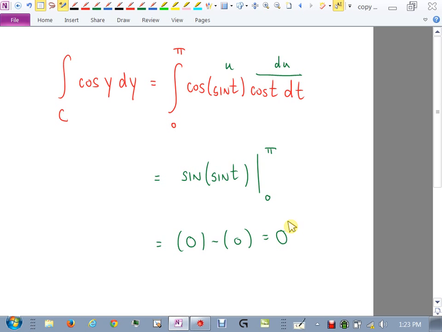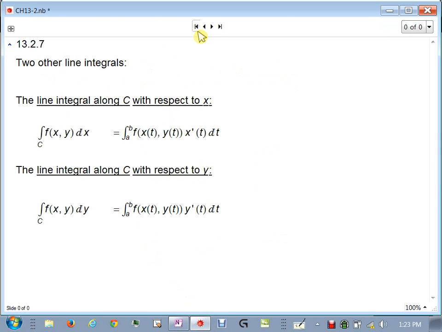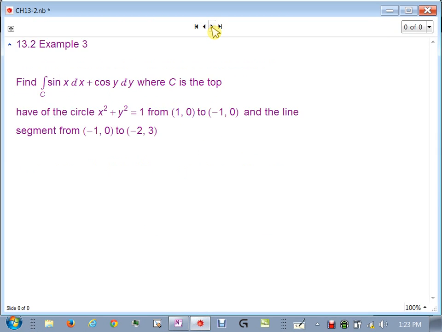Now, go back up. Look at the directions here. Look at the problem. It says what? C is the top half of the circle from 1, 0 to negative 1, 0, and then the line segment from negative 1, 0 to negative 2, 3.